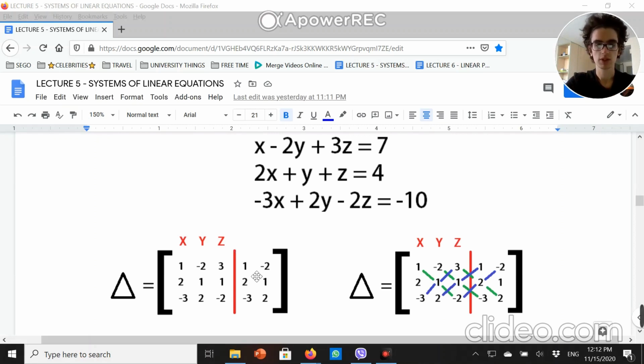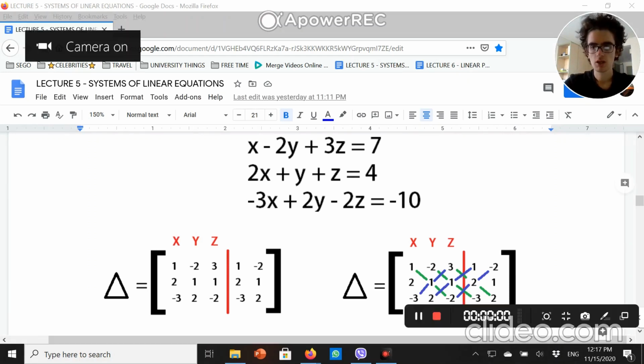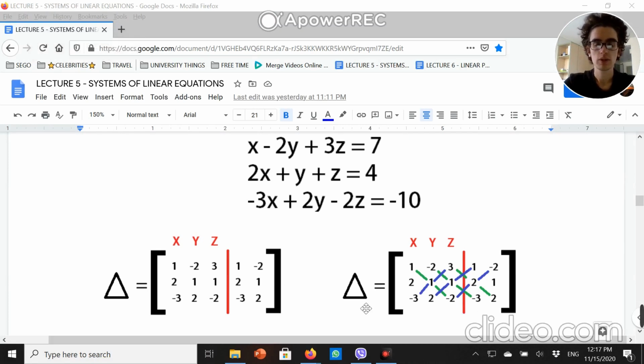So in this one we would rewrite our x, and here we would rewrite our y. And then we apply something called Sarrus's rule, which says that we multiply each number, where possible, with the other two numbers that are lower and to the right of it.